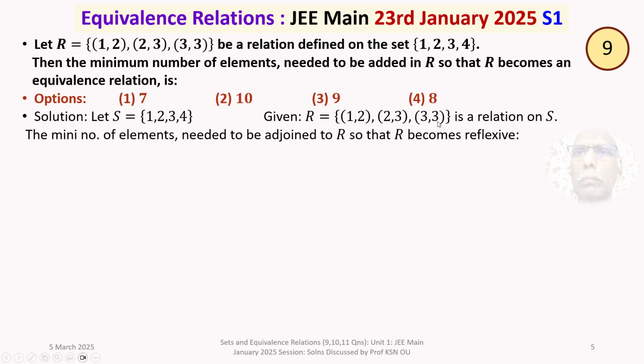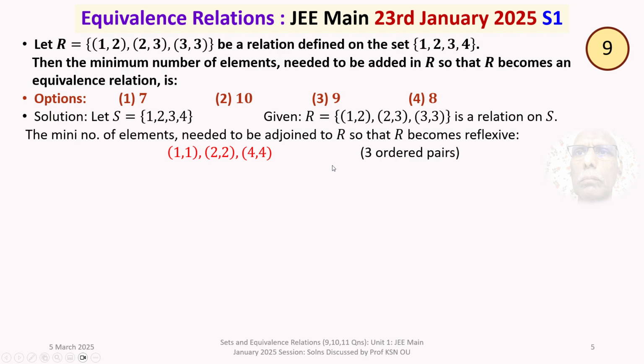In R we only have (3, 3). To make it reflexive, we need (a, a) belongs to R for all a belongs to S. So we have to adjoin (1, 1), (2, 2), (4, 4), and (3, 3) is anyway there in R. So we have to adjoin 3 ordered pairs so that R becomes reflexive.